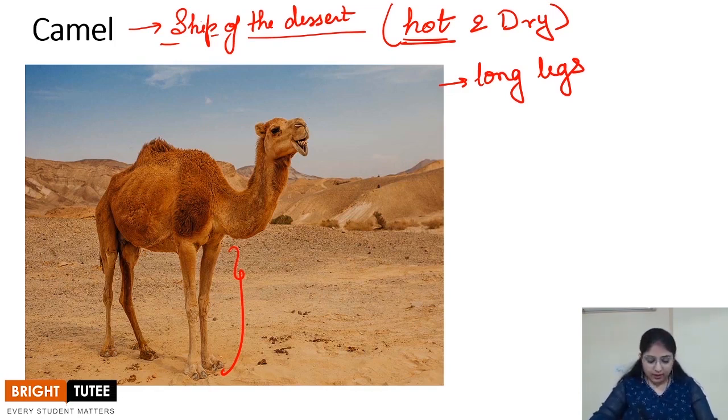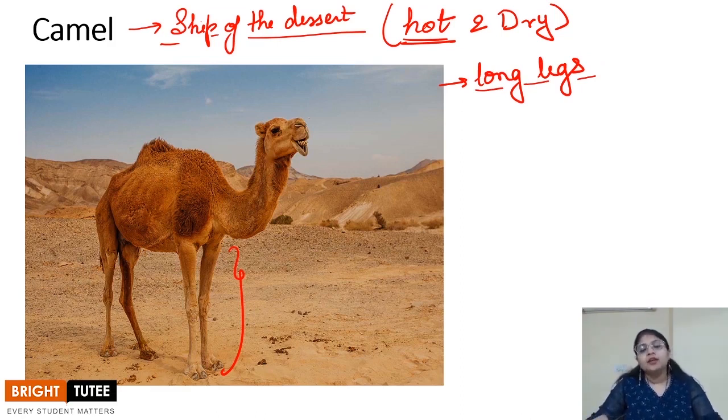Whereas when these long legs are present, they help in lifting up the body to quite a distance, so that the body does not come in contact with the hot sand. This is one of the ways in which the animal avoids the hot sand during the daytime.